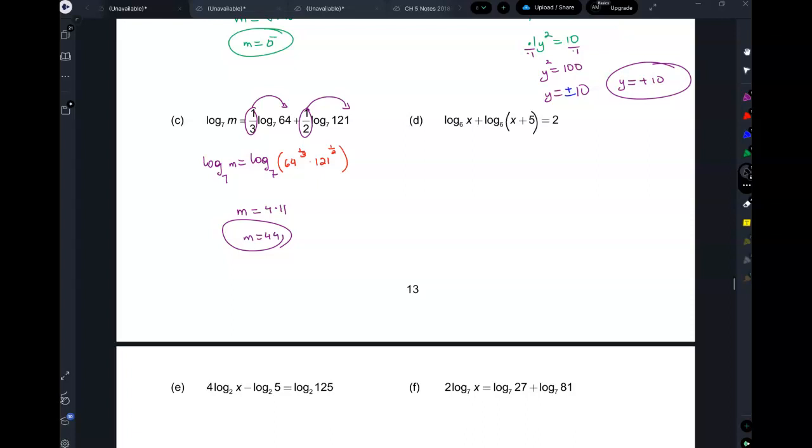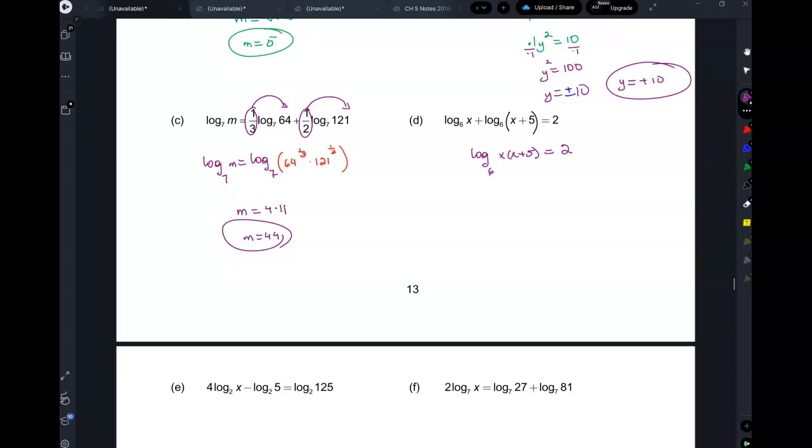Okay, so here, what's going to happen to this log? We're going to condense it, so we're going to get log base 6 of what? X times x plus 5 equal to 2. Okay, what is different about this equation compared to all the other ones? There's no log on the other side.